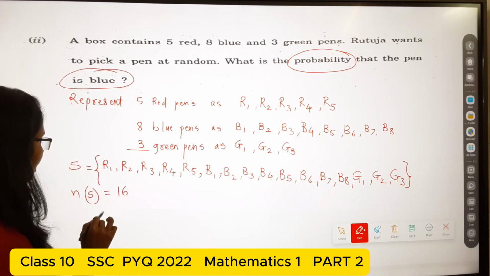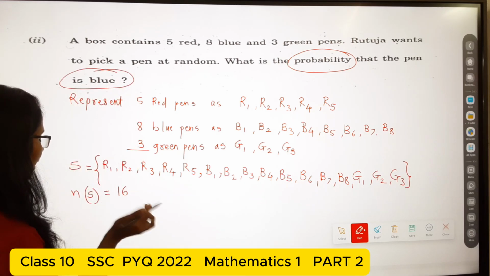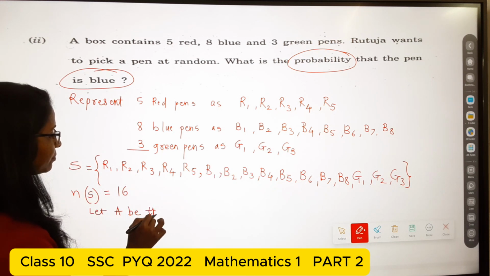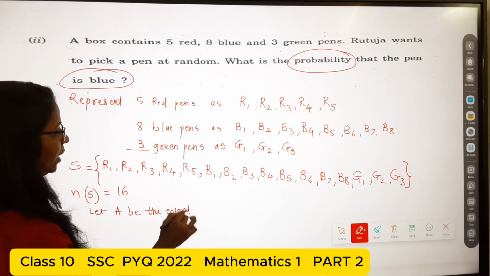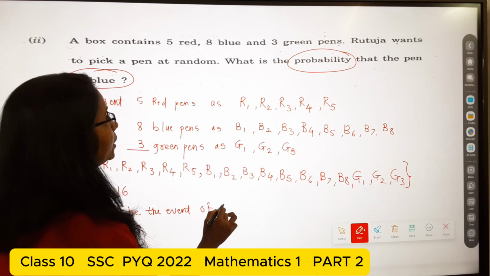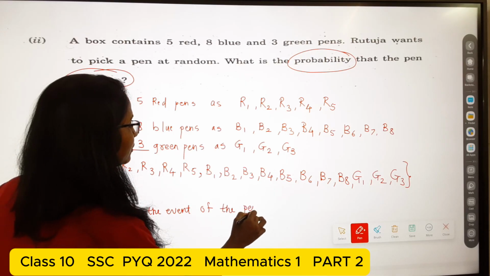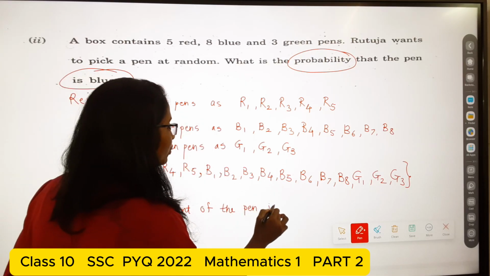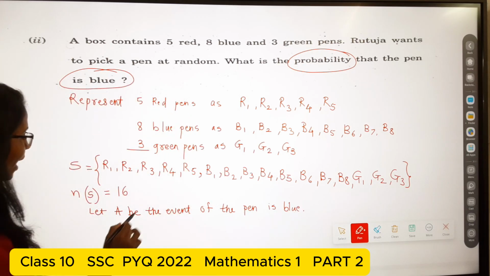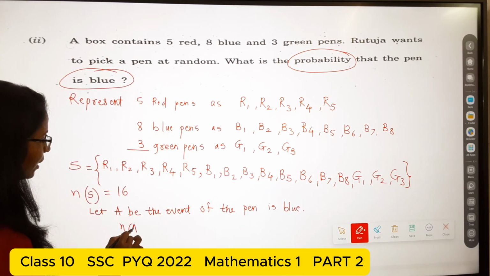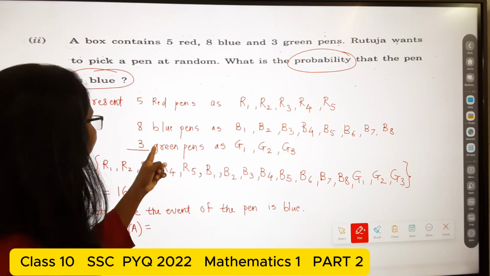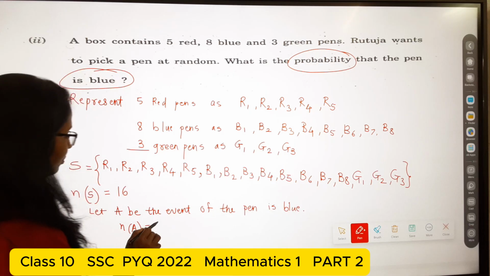Okay, so now for the probability, consider that let A be the event that the pen is blue. So n of A, blue means there are 8 pens.